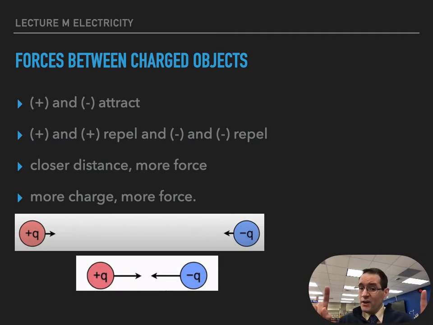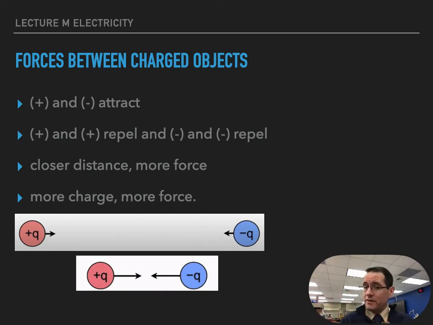But they're very far apart, so the force between them is very little, as indicated by the length of the arrow. In the bottom figure, we have the -Q in blue and the +Q in red that are very close to each other. And because they're closer to each other, they experience more attractive force between each other. And this is how we indicate it, by the length of the arrow. The arrow is longer, which means the force is greater, okay?